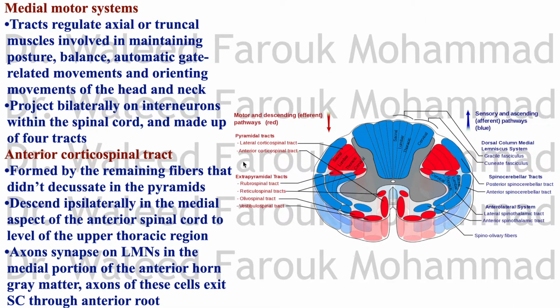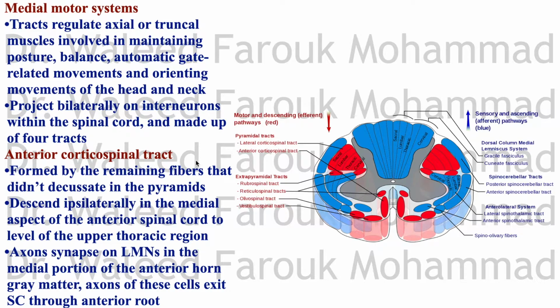Now the medial motor system is for control of the truncal or axial muscles involved in maintaining posture and balance, automatic gait-related movements, and orienting movements of the head and neck with what we see, for example. They project bilaterally on interneurons within the spinal cord and are made up of 4 tracts.